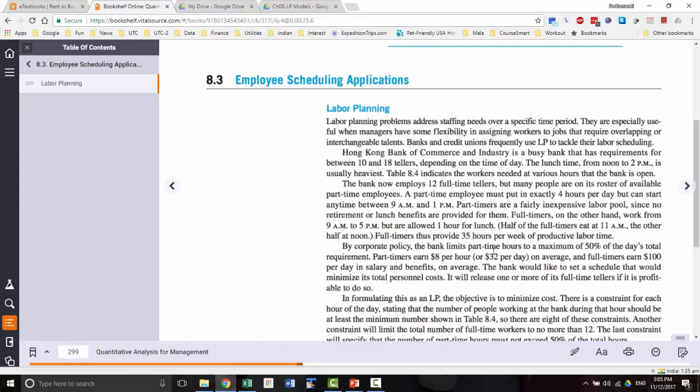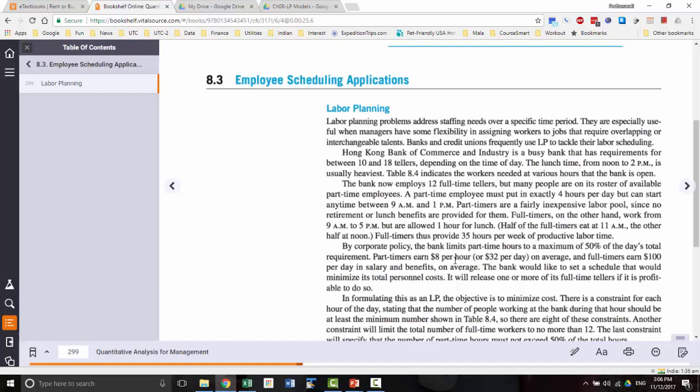By corporate policy, the bank limits part-time hours to 50% of the day's total requirement. So we have to add up all the part-timers and all the full-timers, and then the hours. This limit is for hours: part-time hours to a maximum of 50% of the total required hours. So we need to make sure of that.